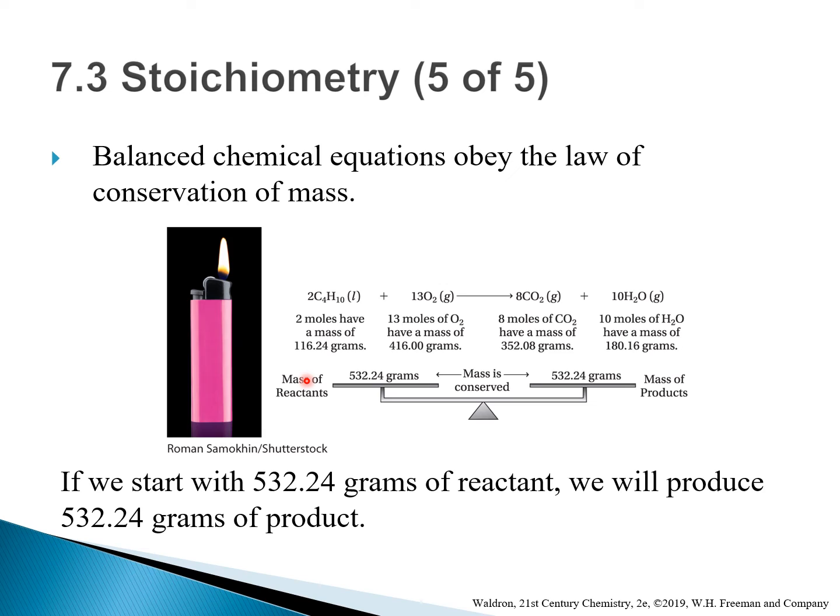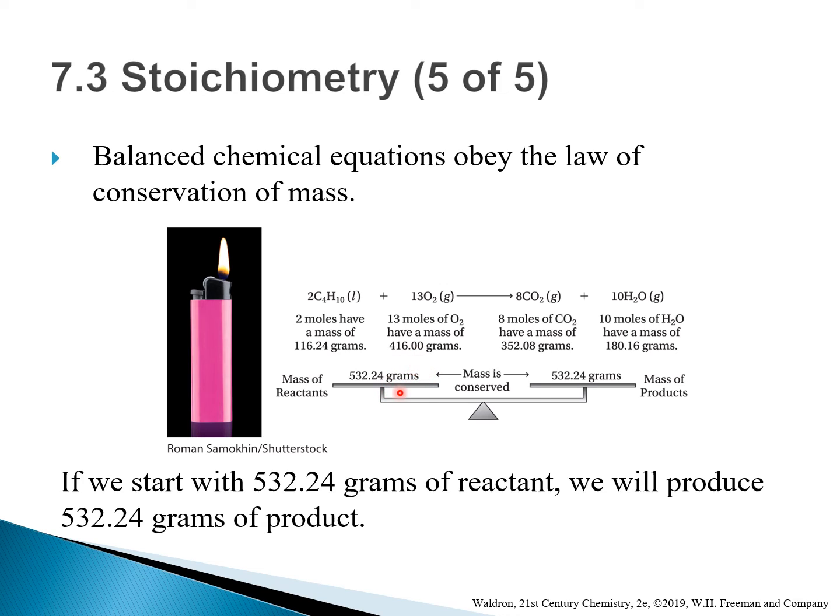The balanced chemical equation calls for 2 moles of butane, so we need 2 moles times 58.12 grams per mole, the molar mass of one butane molecule, equal to 116.24 grams. This mass of butane reacts with 13 moles of oxygen molecules. Using the molar mass of oxygen, we see that 13 moles of oxygen have a mass of 416 grams.